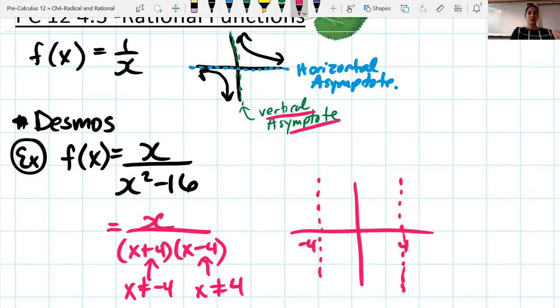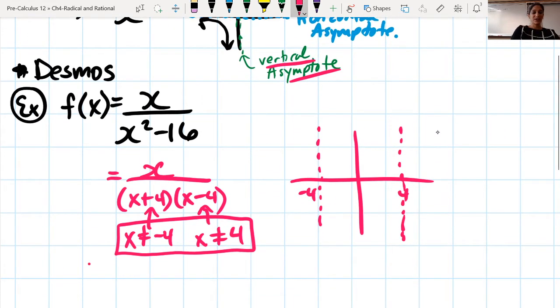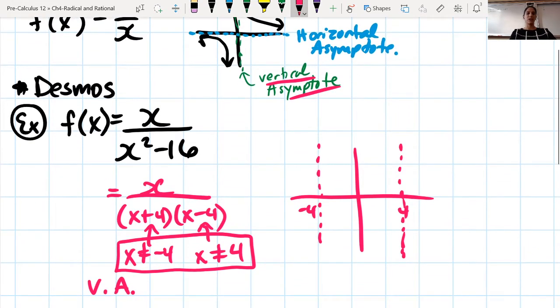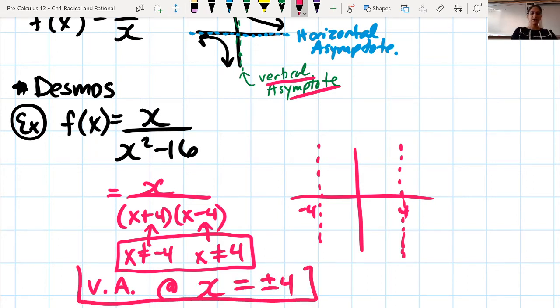So whichever number or restriction you have in the denominator, that's what tells us where the vertical asymptote is. I don't want to write out vertical asymptote over and over again, so I'm okay with you shortening it and saying vertical asymptote at x equals plus and minus 4. That's how I would give my answer or my result in this case.